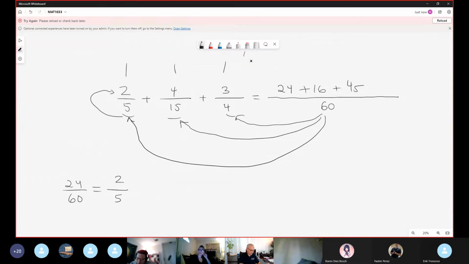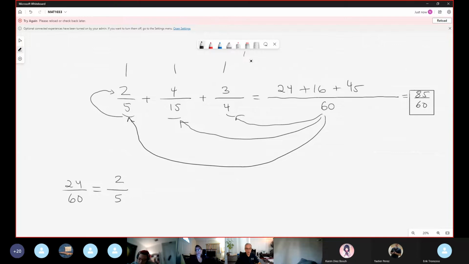Now you add. You keep the denominator, and you copy 24 plus 16 plus 45. It's 85, so 85 over 60. Cool? And is this the final answer? No, because I need to investigate if we can reduce to lowest terms.